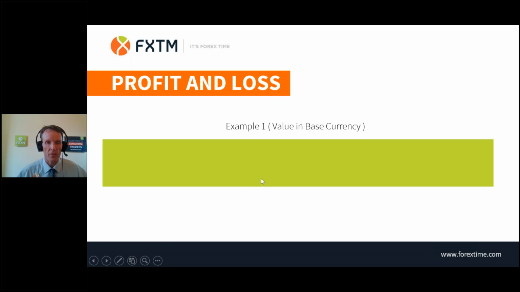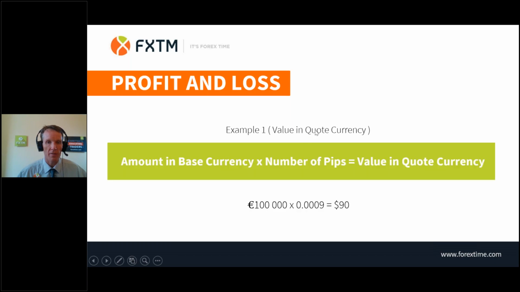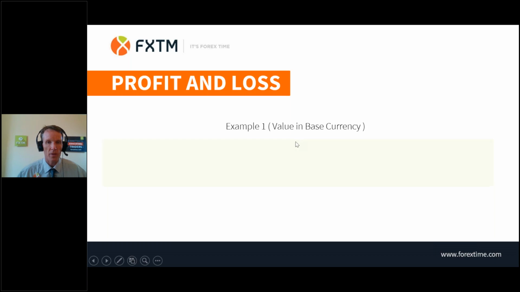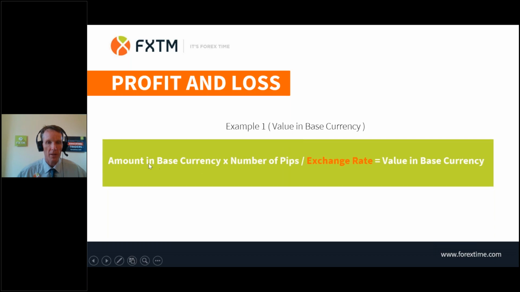We're going to use a different example just to find out the value in the base currency. So that was the value we were getting in the quote currency, right? So the second one. Now we're going to look for the value in the base currency, and all you have to do to get the base currency involved is we take the same equation, but we bring the exchange rate in.